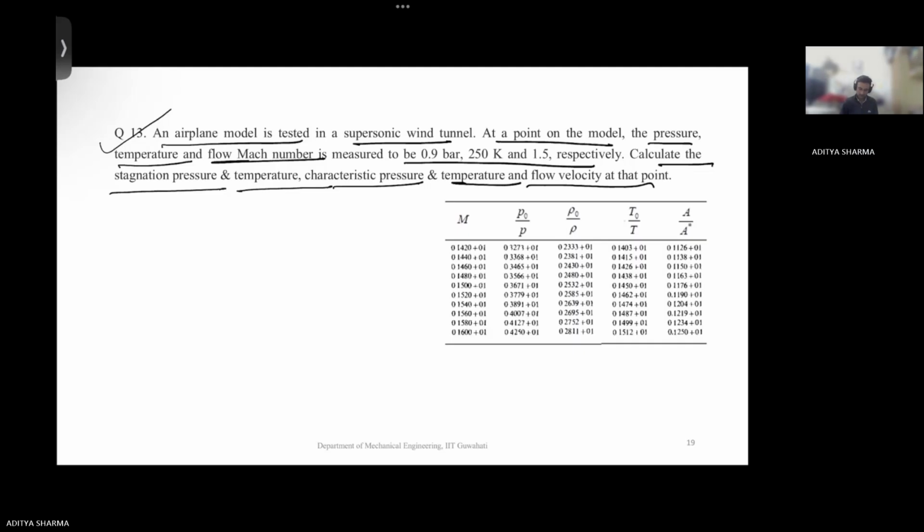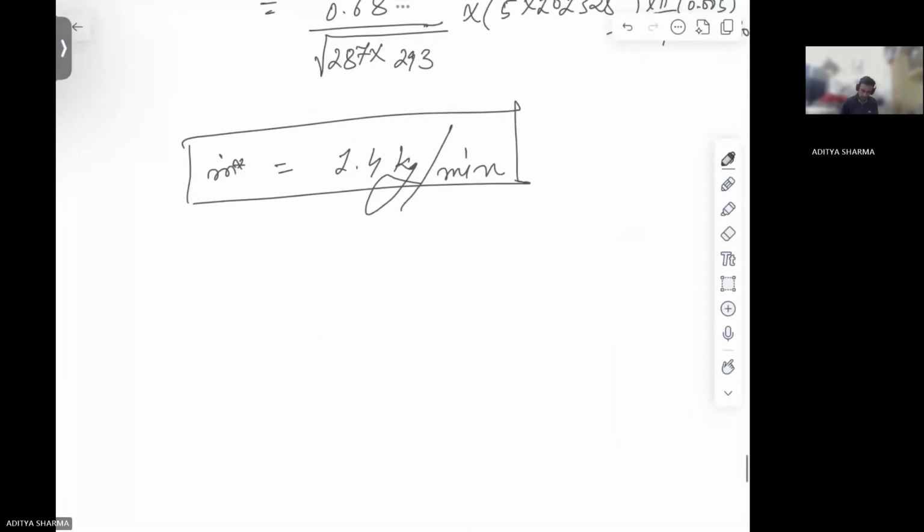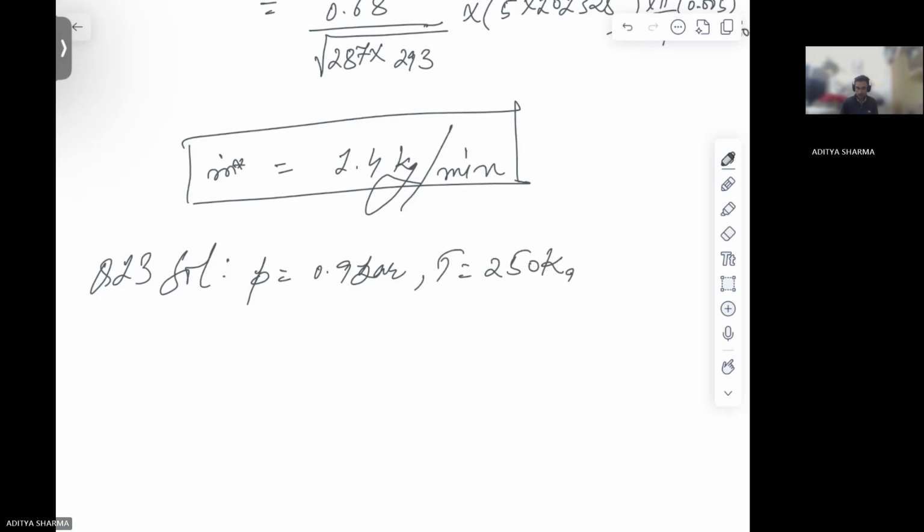So pressure has been given as 0.9 bar, temperature this, Mach is given as 1.5. Now stagnation pressure and temperature have been asked. So this is from the table.